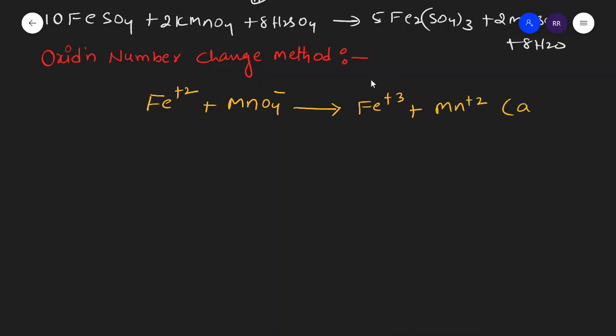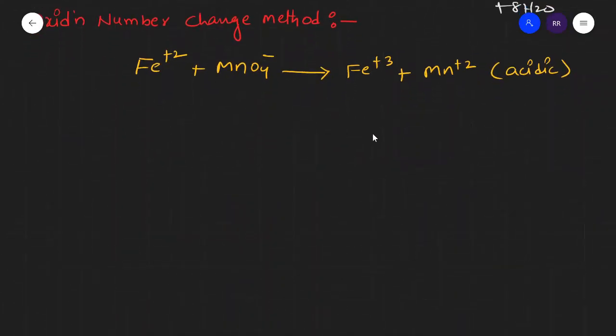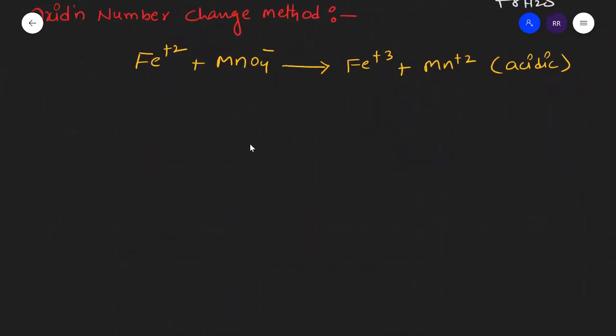It is in acidic medium. So here we have to balance this redox reaction by using the oxidation number method. So let me explain step by step. Listen carefully. It is very important and also a very simple method.